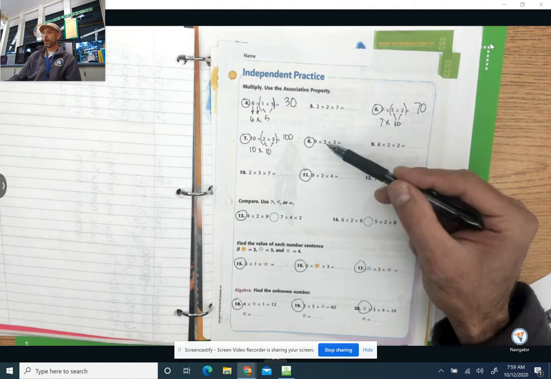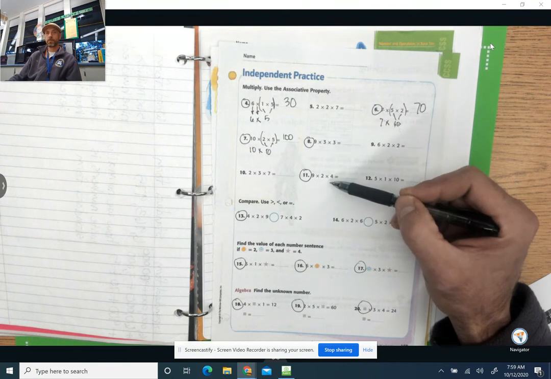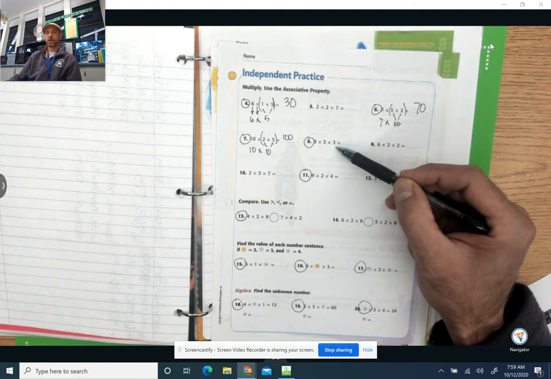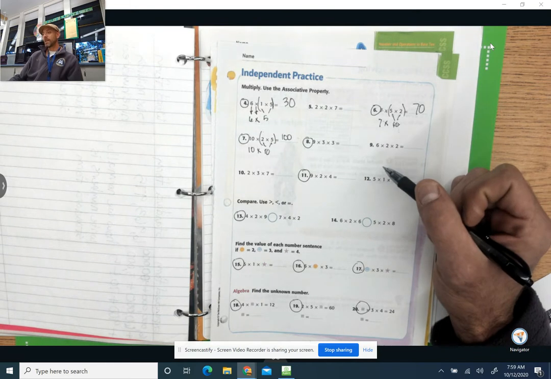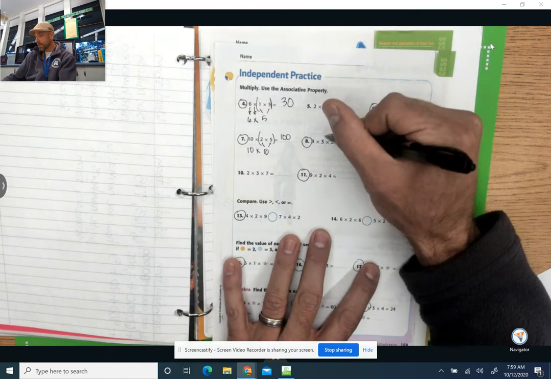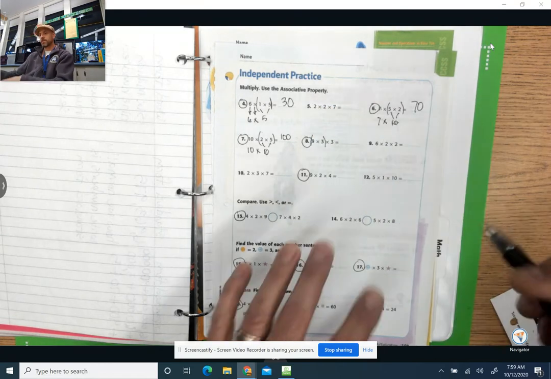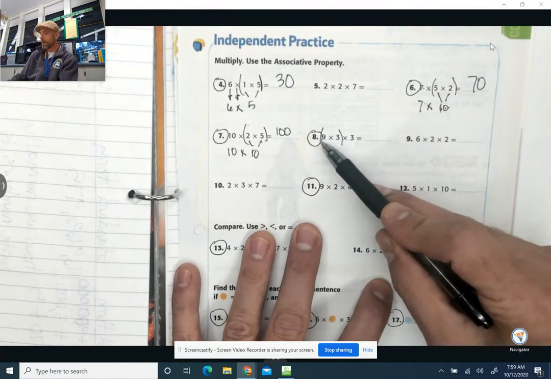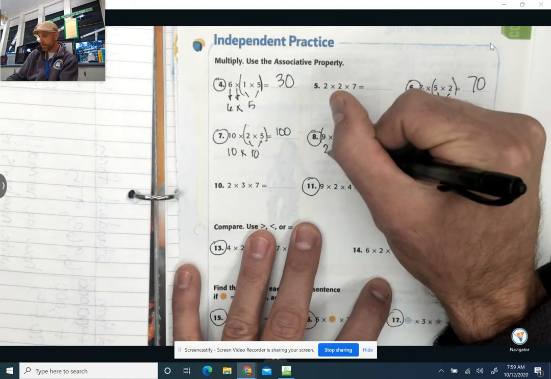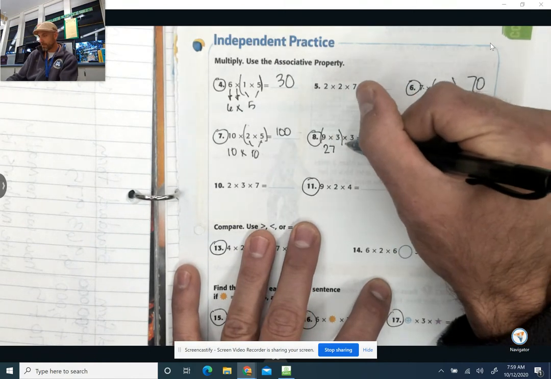Okay. Now we've got 9 times 3 or 3 times 3. If I multiply 9 times 3, I'm going to end up with 27 times 3. Let's look at that. What are you going to do if you group some difficult numbers together? All right. 9 times 3 is 27. Bring down what you got.